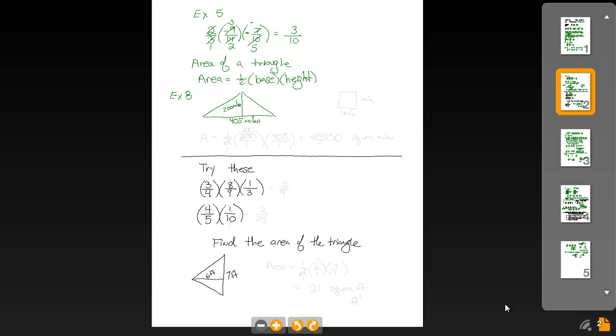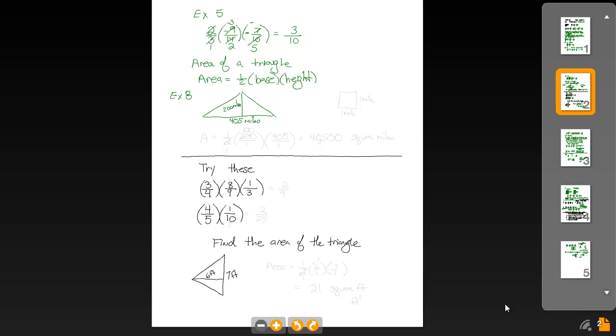Kind of randomly thrown in here is the area of a triangle formula. We'll have a whole chapter where we really get into area and perimeter. The reason it's thrown in here is because it has a fraction in it with multiplying. In this particular one, example 8, we're going to figure out close to what the area of Virginia would be because it's close to a triangle.